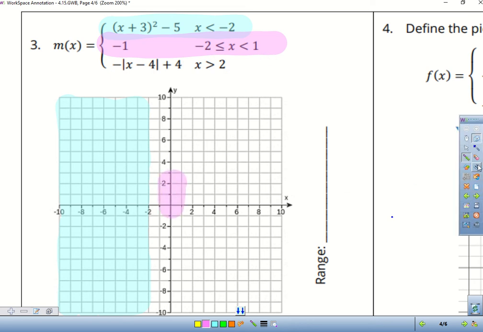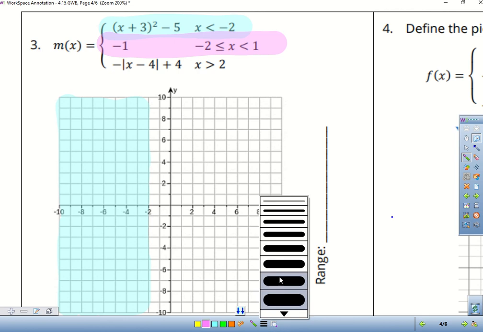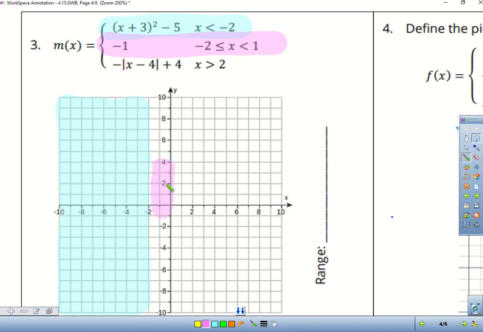I gotta make my pen smaller. It's too thick at this point. So you don't have to do this part. I'm just trying to help you understand the boundaries, how the boundaries work. And then this graph right here exists when the values are greater than 2.